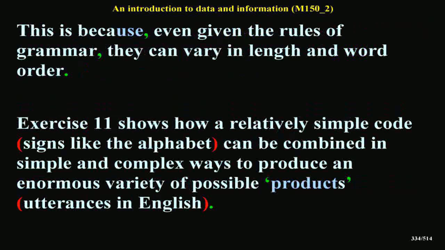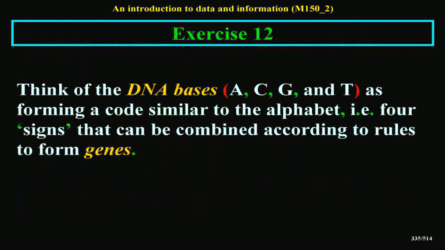Exercise 11 shows how a relatively simple code, signs like the alphabet, can be combined in simple and complex ways to produce an enormous variety of possible products, utterances in English. Exercise 12. Think of the DNA bases A, C, G, and T as forming a code similar to the alphabet, i.e. 4 signs that can be combined according to rules to form genes.